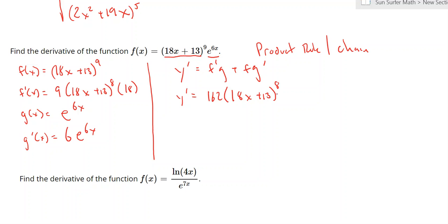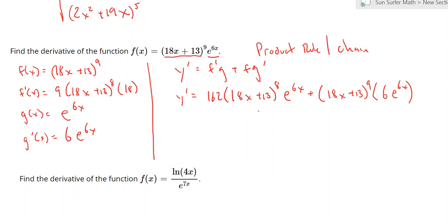That's f prime times g, which is e to the 6x, plus f, which is 18x plus 13 to the 9th power, times g prime, which is 6e to the 6x.